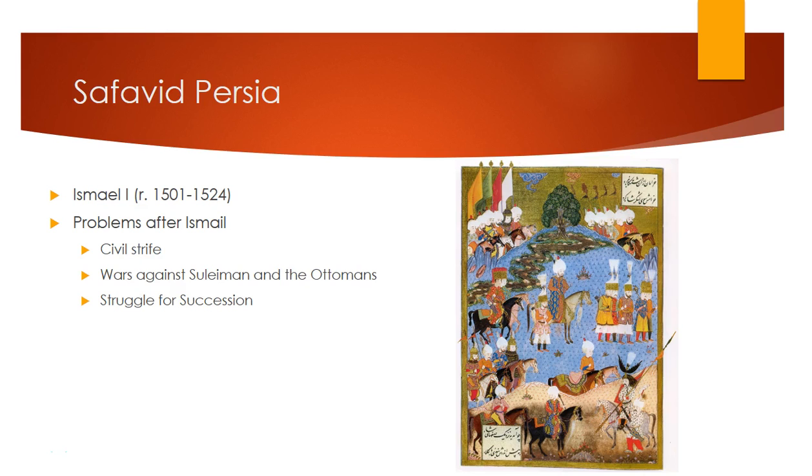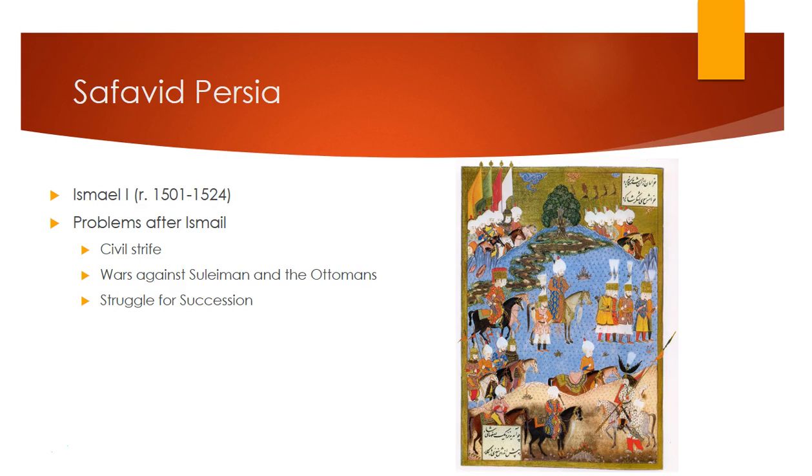Ismail's son, Tahmasp, ruled for 52 years, but early on he faced a lot of civil strife, including one of the Qizilbash trying to take the state over. Persia during this time was also attacked multiple times by the Uzbeks, and Suleiman the Magnificent invaded Persia 4 times. So you have civil unrest under Ismail's son, and you have external threats and actual external invasions.